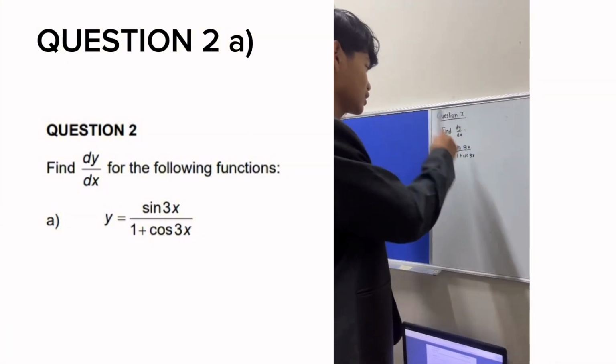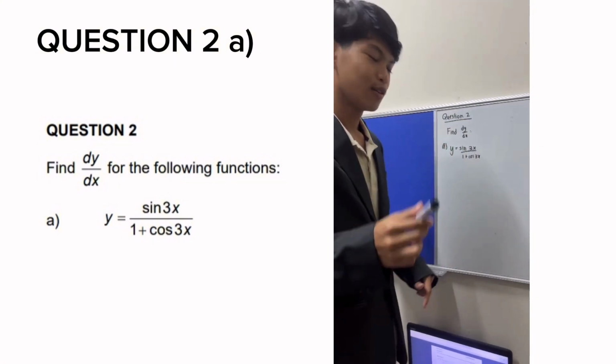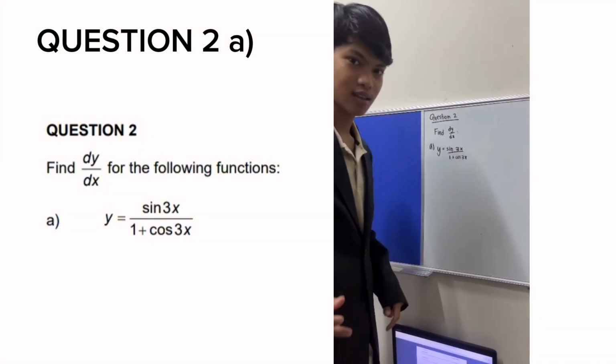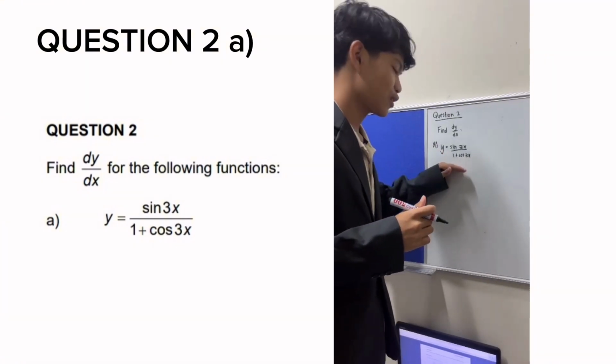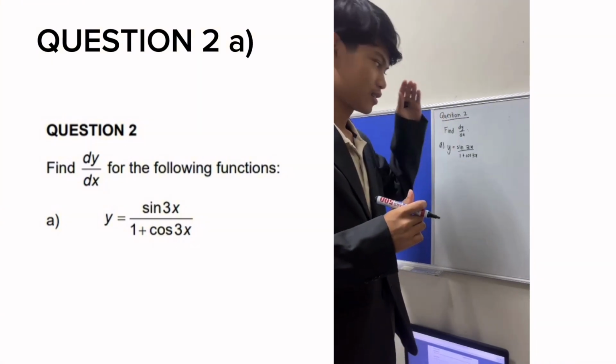Okay, so this question asks you to give dy/dx, which means the differentiation of the y equation. First of all, if you look at the structure of the question, it is a fractional question.